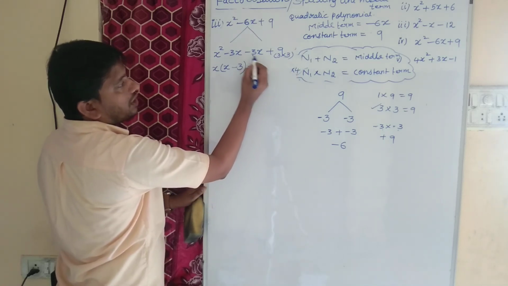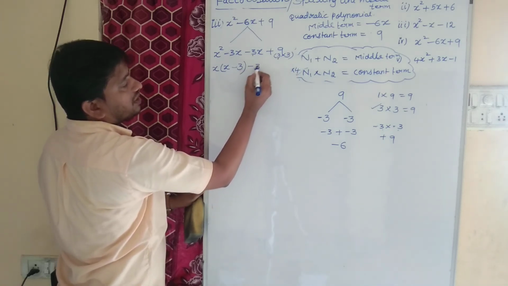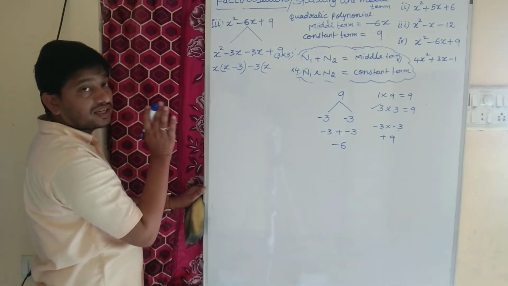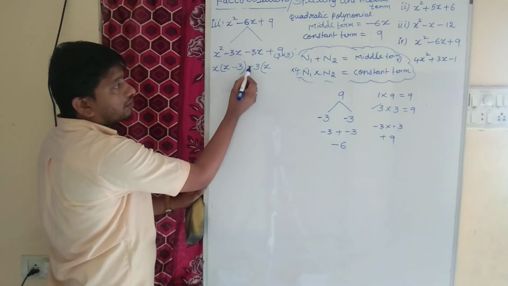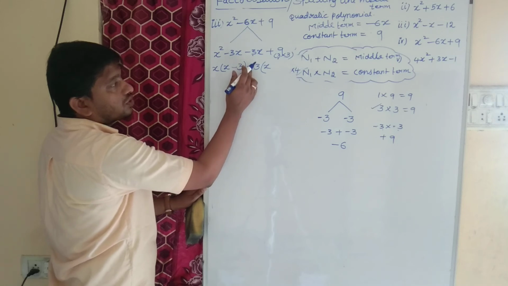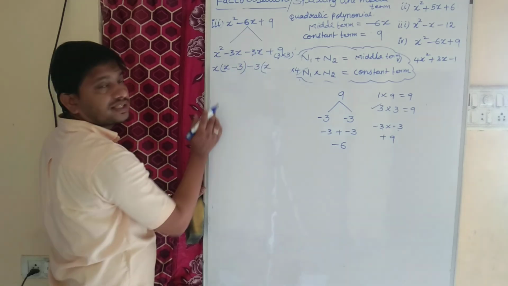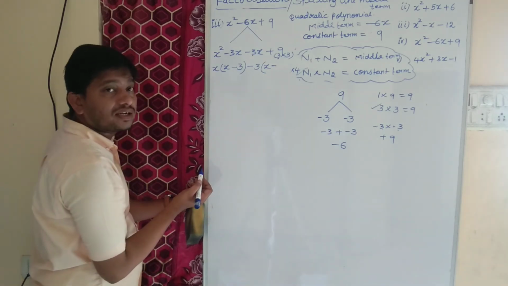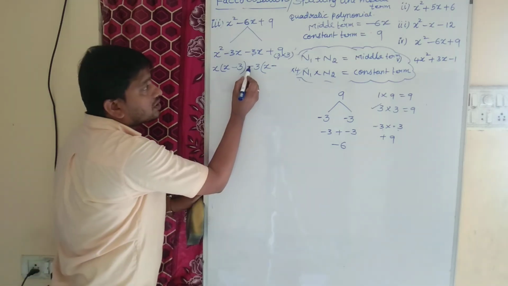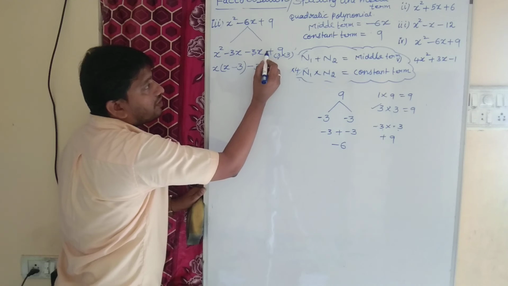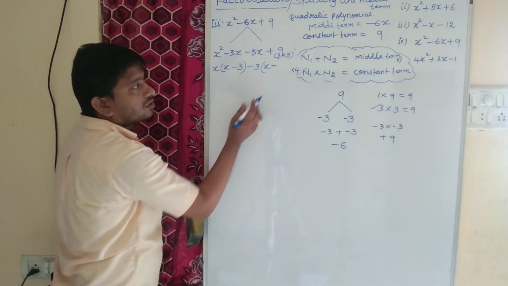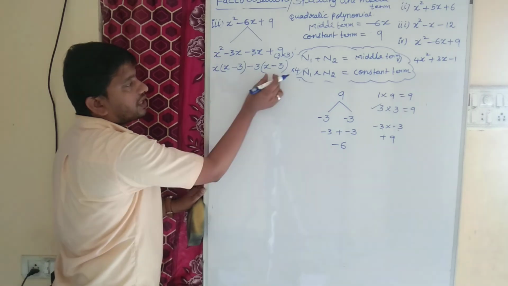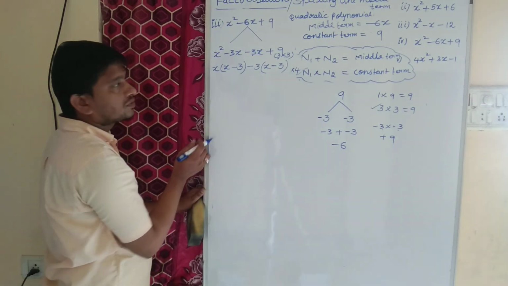Here also we have 3, here also we have 3. Let me take 3 as common. Here we have x. Listen, children, carefully. Here we took minus common, so minus into minus, again we should get plus, so I have to put the symbol minus here. The remaining term is 3. Whatever term you get here, the same term you will get here.